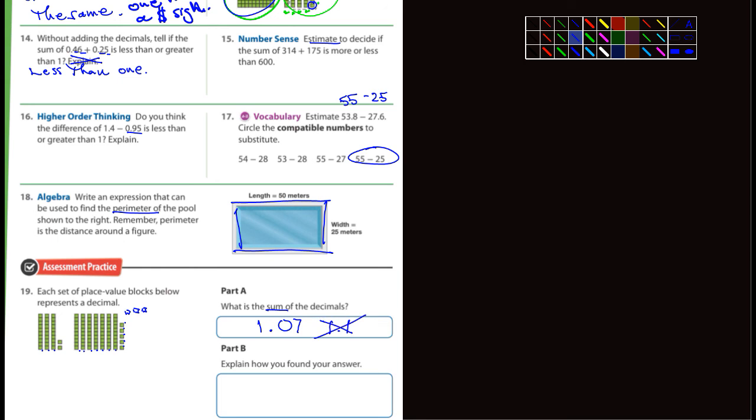Explain how you found your answer. Added the blocks.